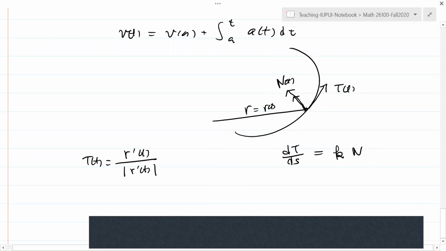The derivative of the tangent vector with respect to the arc length is perpendicular to the tangent vector.